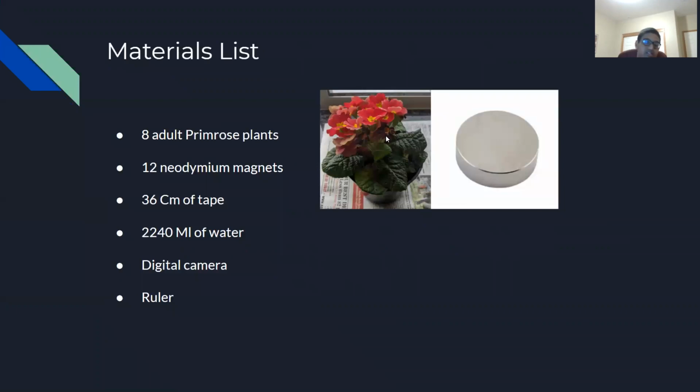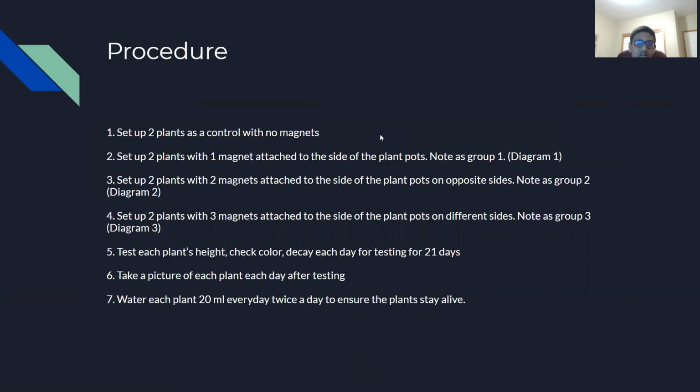So the materials list is as follows: 8 adult primrose plants, and a primrose plant is the plant shown in the picture, 12 neodymium magnets, 36 centimeters of tape, 2,240 milliliters of water, a digital camera, and a ruler. So you had to set up 4 groups with 2 plants in each group.